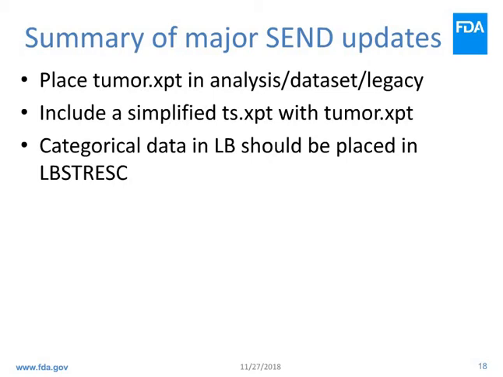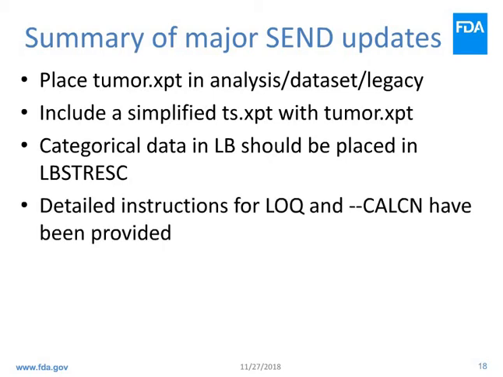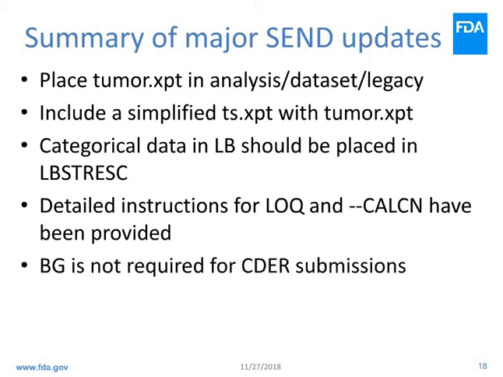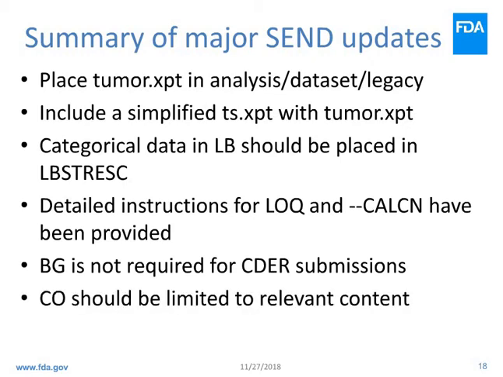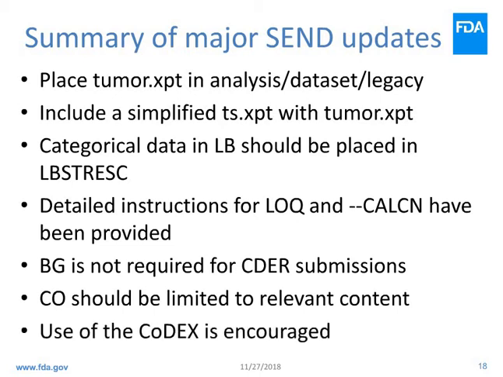Some detail about constructing the LB domain for SEND and how to place categorical data. Some detailed instructions for representing the lower limit of quantitation. The body weight gain domain is not required for CDER submissions, and how to limit your comments domain.